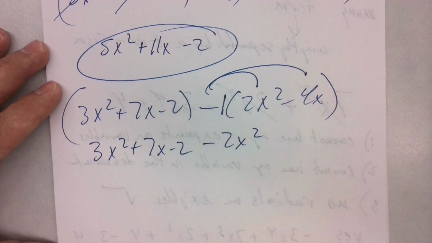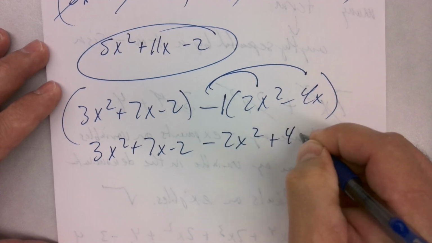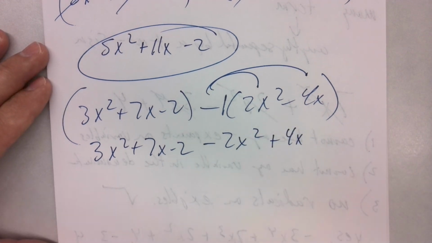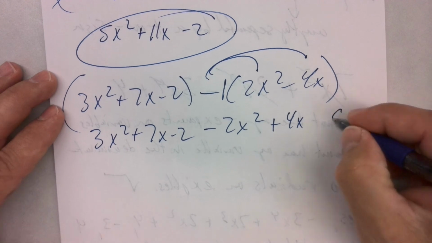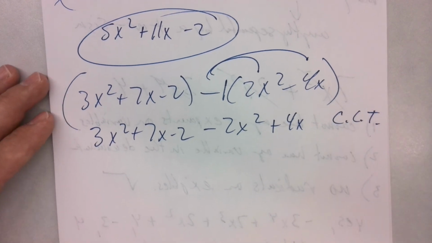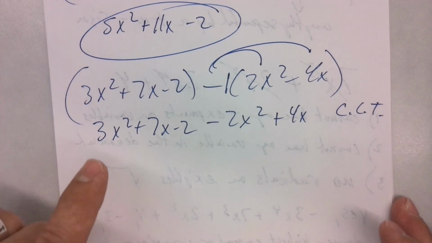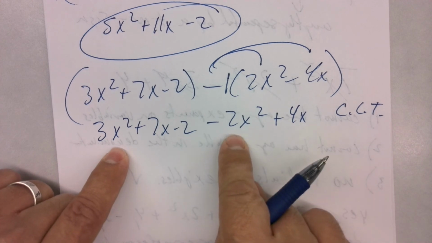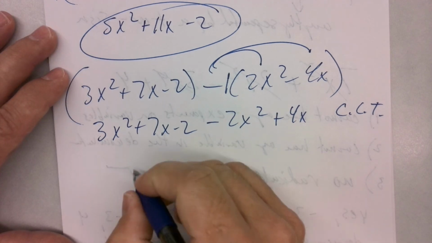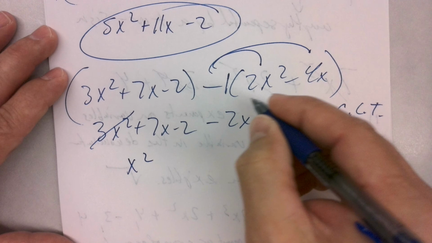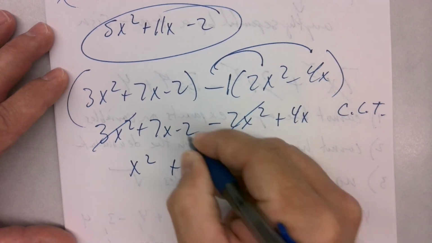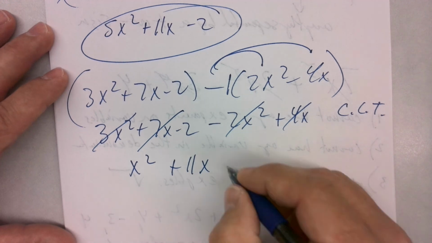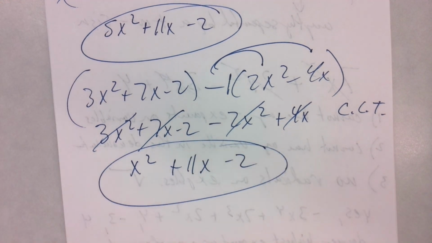Minus 2x squared plus 4x. Okay, subtraction always gets you, because you forget to distribute that negative, right? So then I'm still going to go back and combine like terms, and I'm going to get 3x squared minus 2x squared is, yeah, just x squared, right? Then I'm going to get plus 11x, and then minus 2 like that, okay?